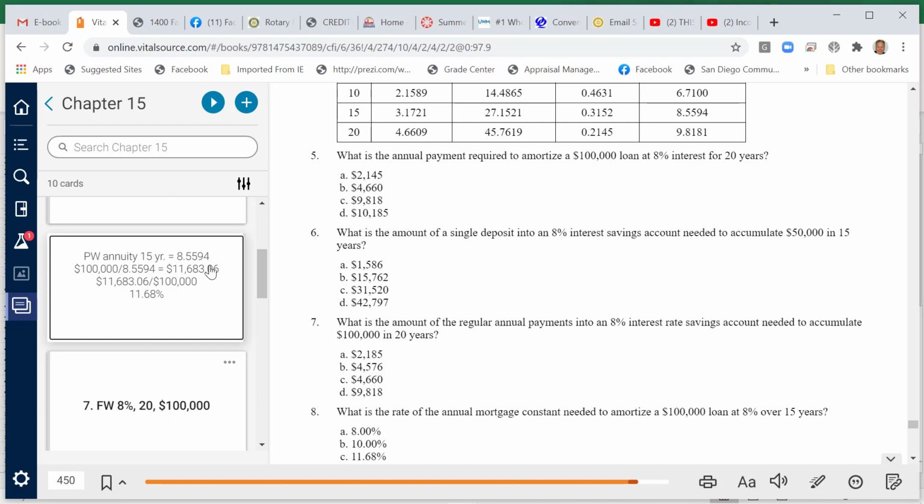So what interest rate would that be then? If I divide my $100,000 into this number I came up with, it comes up to 11.68%. So that's the mortgage constant for $100,000 to pay that loan off in 15 years.